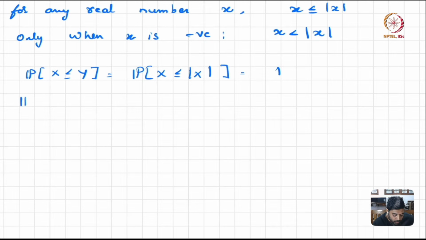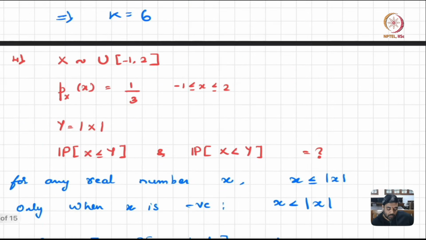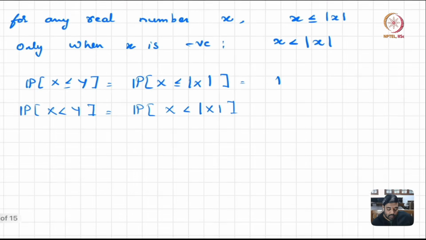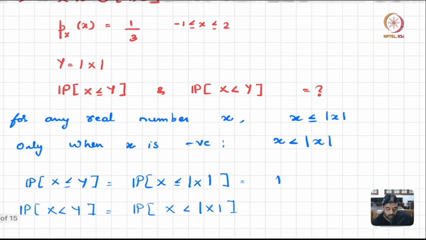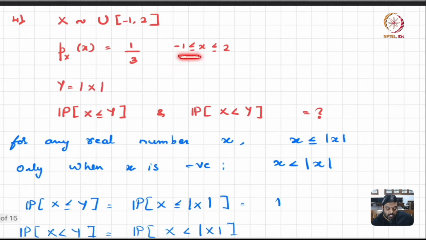But on the other hand, the probability that x is less than y is the same as the probability that x is less than modulus of x. Now the effective values that x can take in the negative is from 0 to minus 1. Correct?